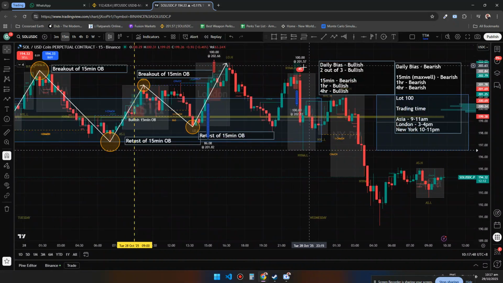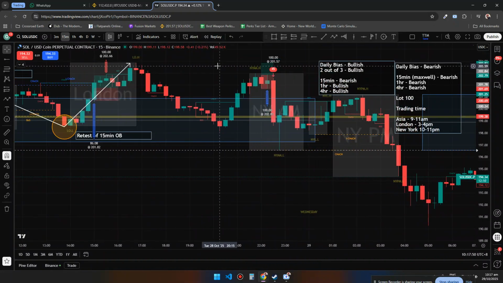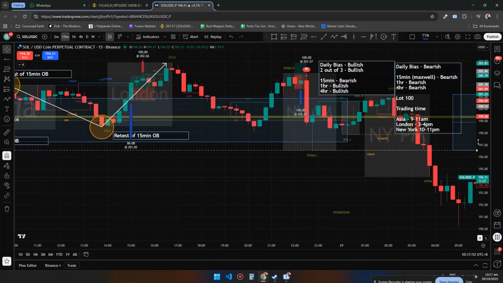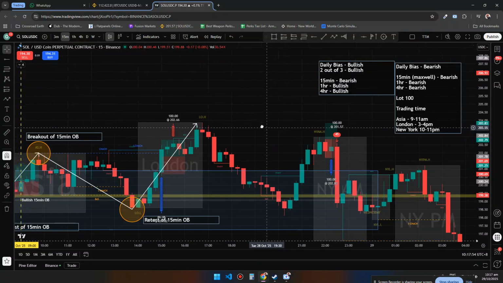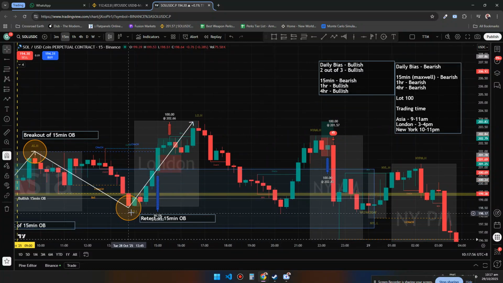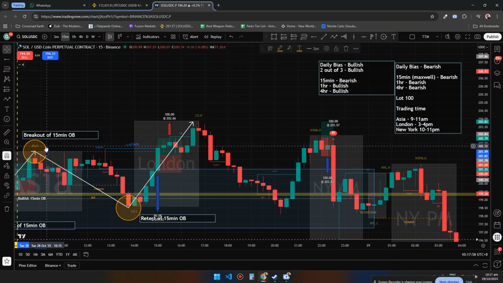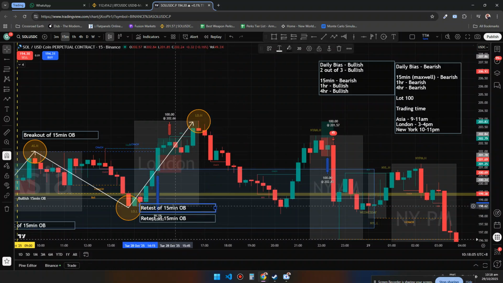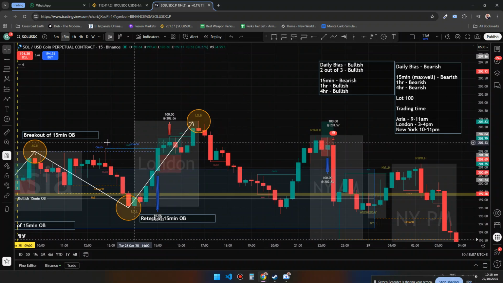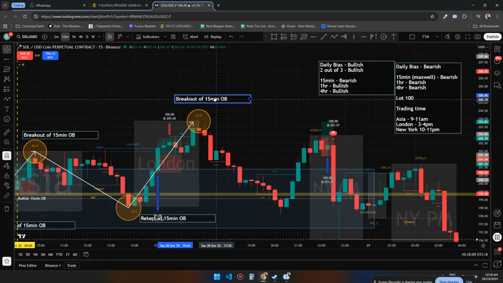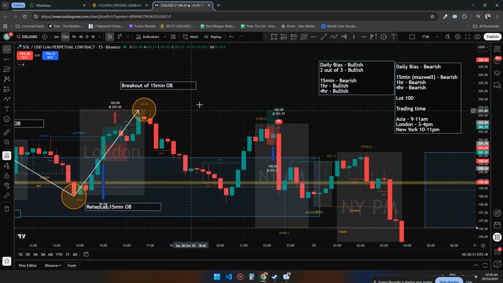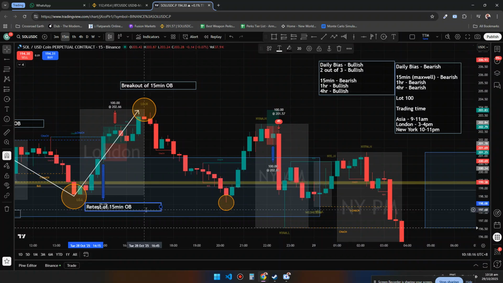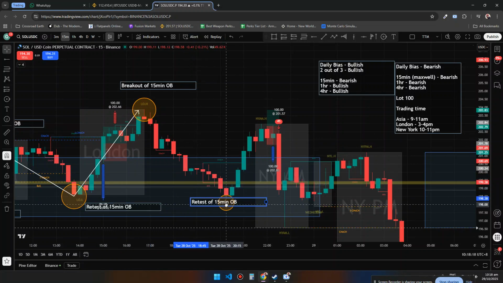Then the next one is New York session. So every time I take profit, right, then I will move on to the next session. So you can see that price once it retests the 50-minute OB, it break out the 50-minute OB once again. So you can see here, sorry, it break out the 50-minute OB again, and then it retests the 50-minute OB once again, right?